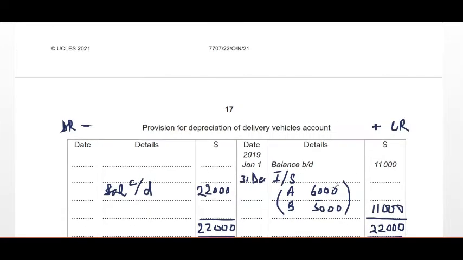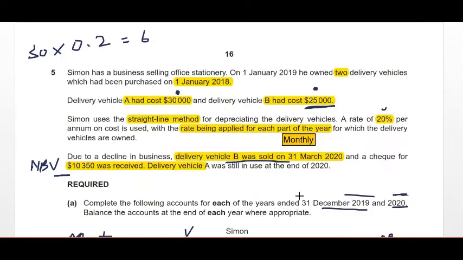Now, keeping one thing in mind, they did mention something about charging depreciation on a monthly basis as per the time period that you are holding the asset for. So we sold this motor vehicle B on 31st March. The year is starting on 1st Jan.